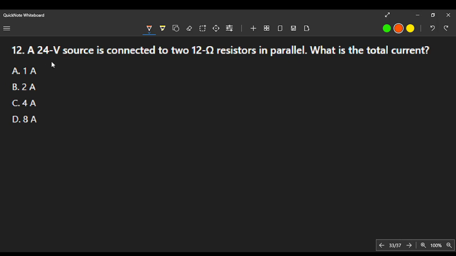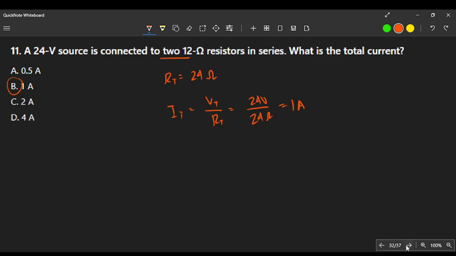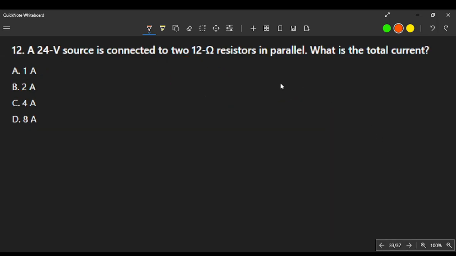A 24-volt source is connected, okay, parallel pala. So a 24-volt source is connected to 2 resistors of 12 ohms in parallel. So what is the total resistance? Okay, solution. For example, if you have two or more resistors in parallel which are equal, what you do is copy the resistor value, divided by the number of resistors connected in parallel.